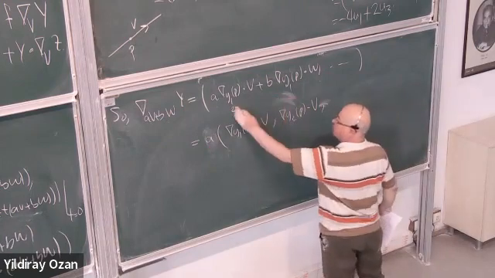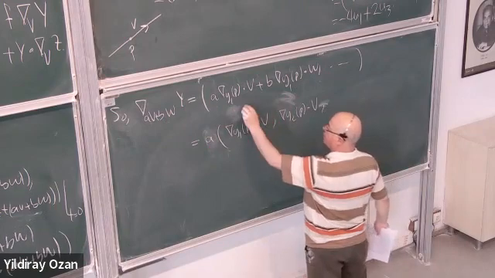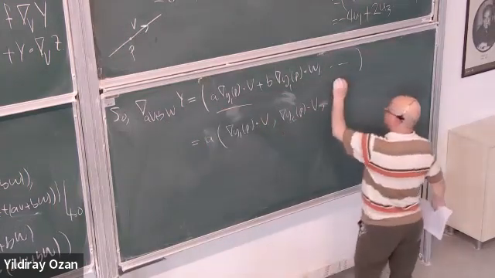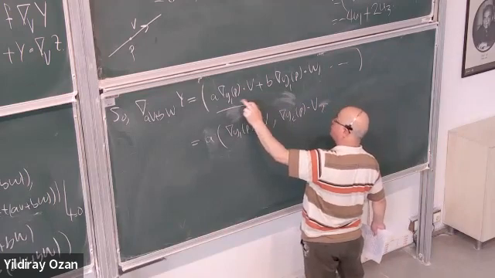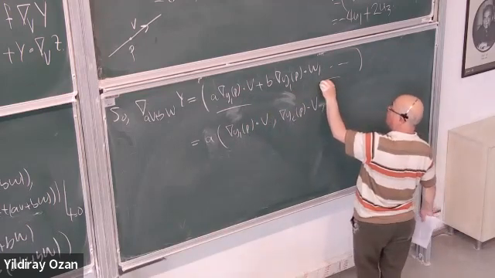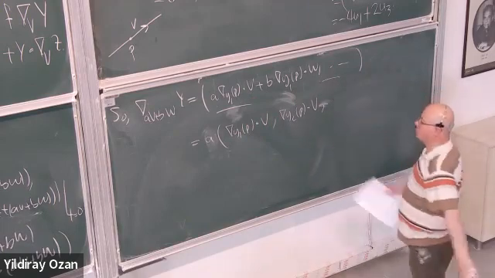This gadget breaks into two parts. I take the first part of this summation, and then the first part of the second term, and the first part of the third term.